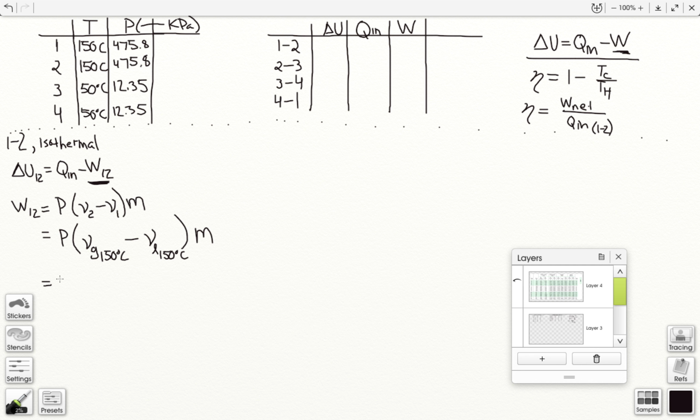So here I'm going to plug in our values. So here we have 475.8 kilopascals times, and here I'm grabbing these values again from our table.